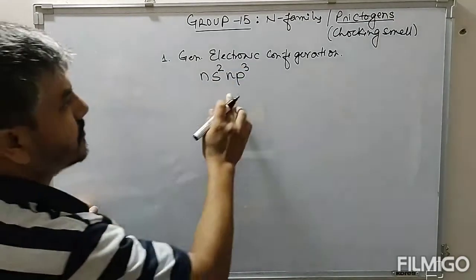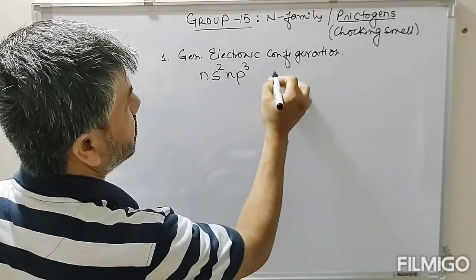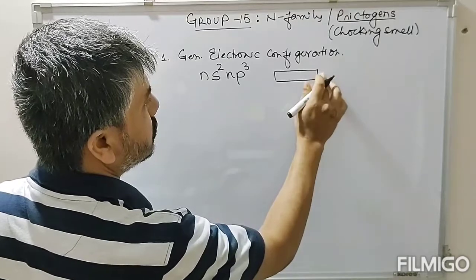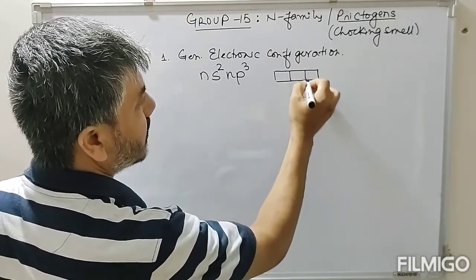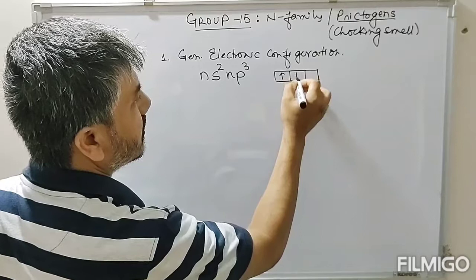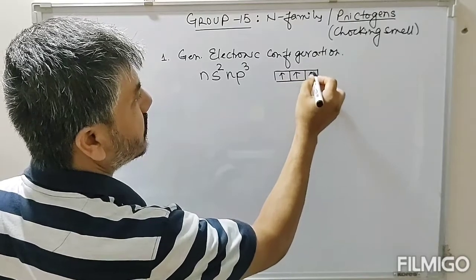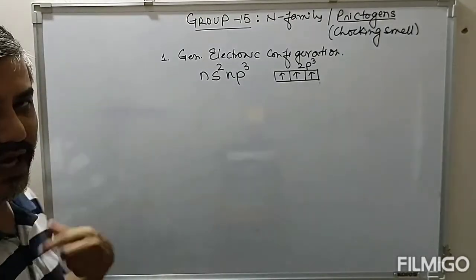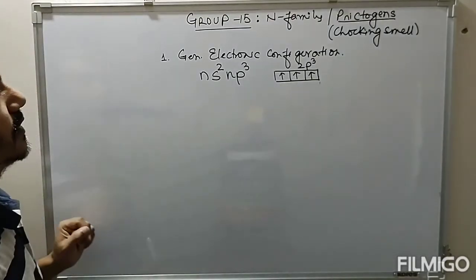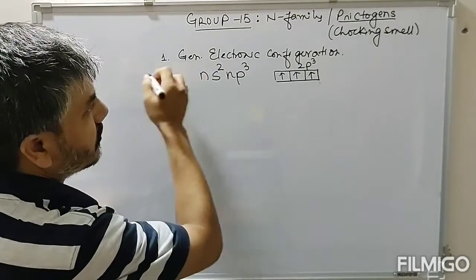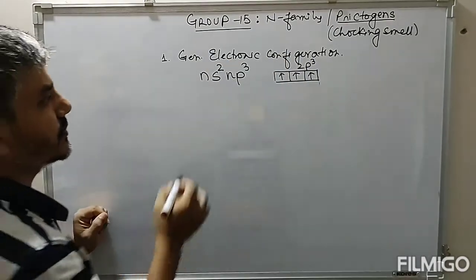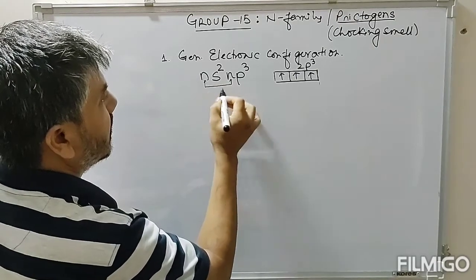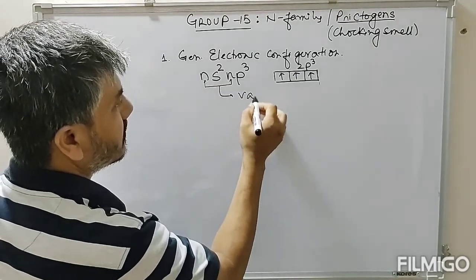So if you look at this p3, according to Hund's rule, these 3 electrons are occupying 3 p orbitals with the same spin. So this np3 is exactly half filled, and when you look at this electronic configuration, this n is the valence shell.